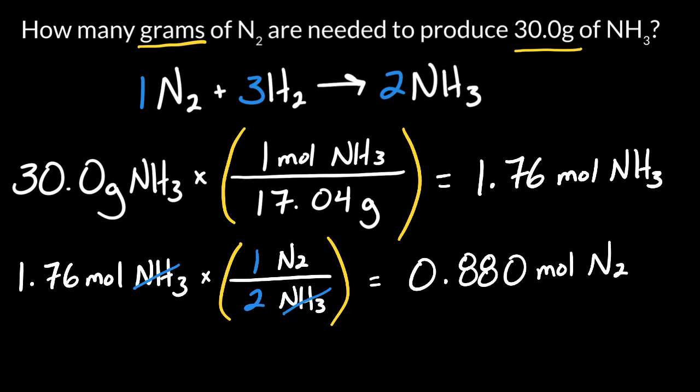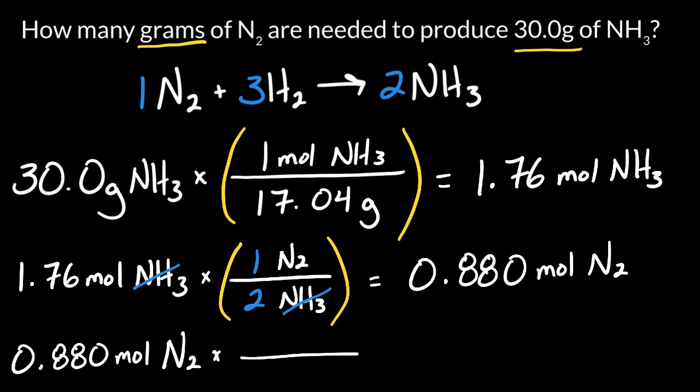Now I'm not quite done. I'm asked for how many grams of N2, not moles of N2. So I've got one more step. I need to convert this 0.880 moles of N2 into grams. And I'm going to do that by multiplying it by the molar mass of N2. So each nitrogen has a molar mass of about 14.007. So that gives us 28.014 grams per mole of N2.